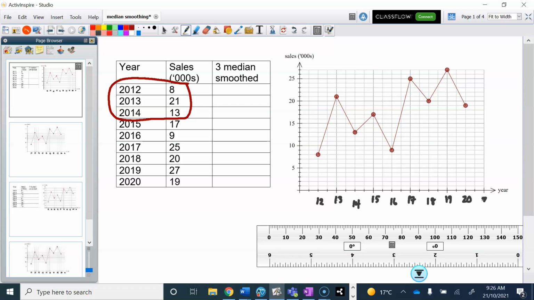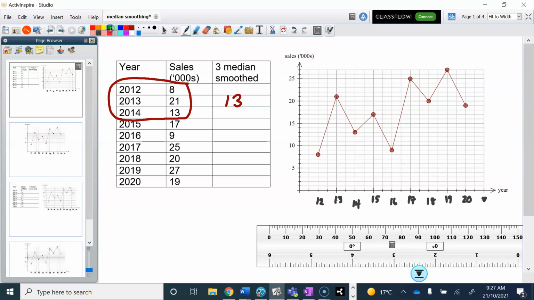The middle piece of data, or the median piece of data, if we arrange the sales figures in order, 8, 13, 21, 13 is the median sales figure for that set of 3. So we match up the median year with the median sales figure. For 2013, being the middle year of those 3 years, the middle piece of data is 13.